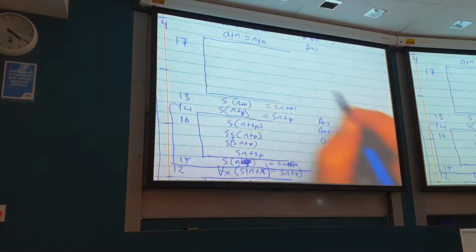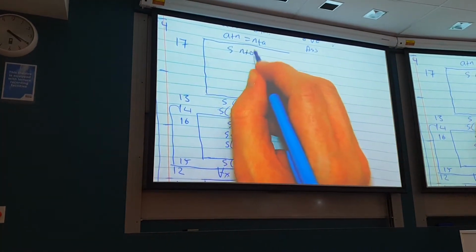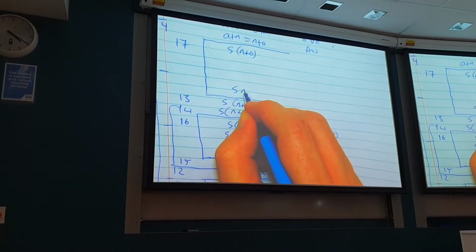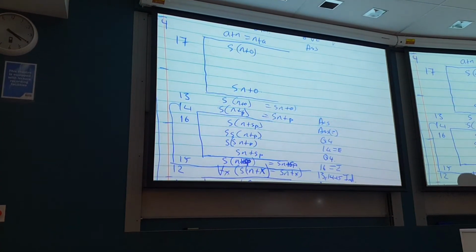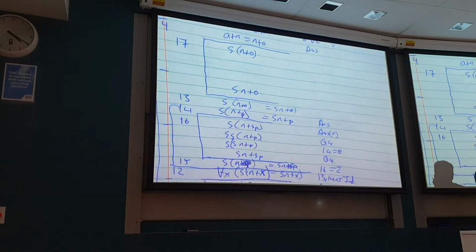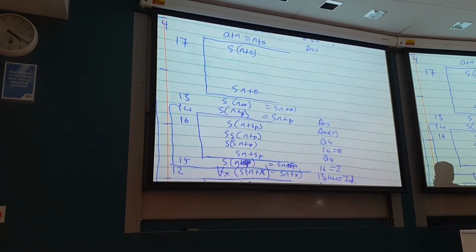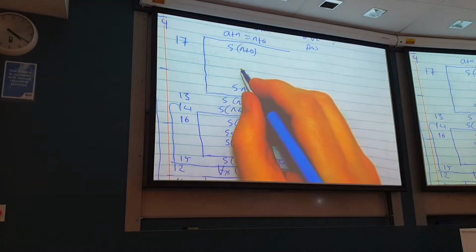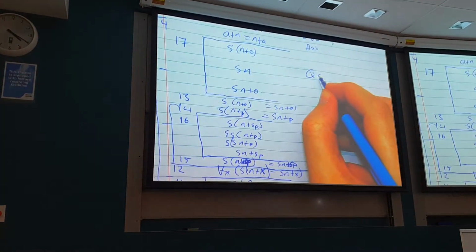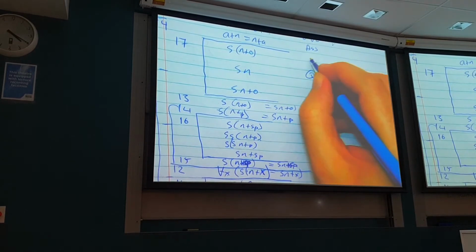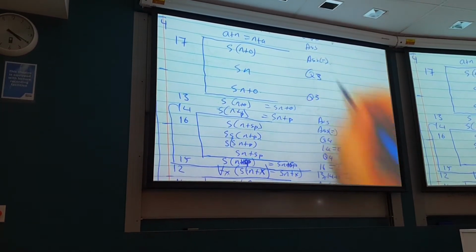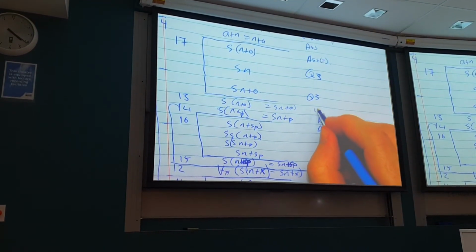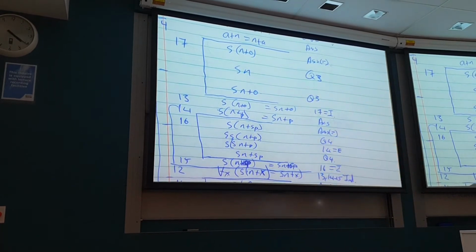17. S of n plus 0. I'm trying to prove S n plus 0. Anyone want to call out what the middle line is? Sn. Sn. And then this follows from 17 by identity introduction.